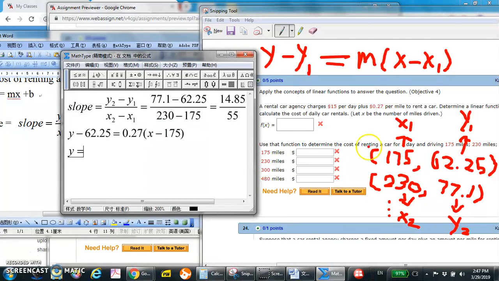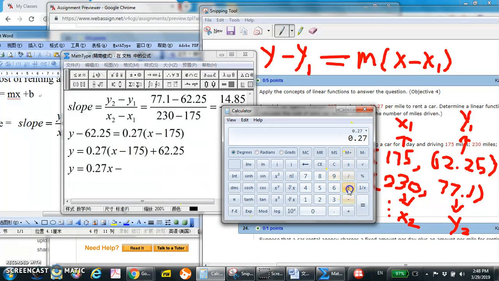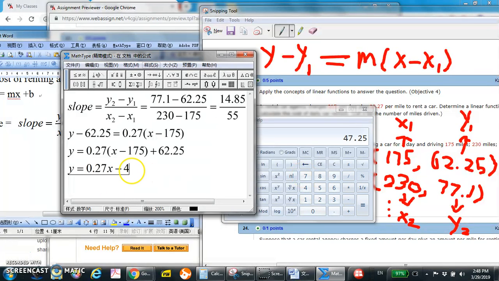So if we simplify this equation, we will have y equals 0.27 times x minus 0.27 times 175, which is 47.25, plus 62.25.